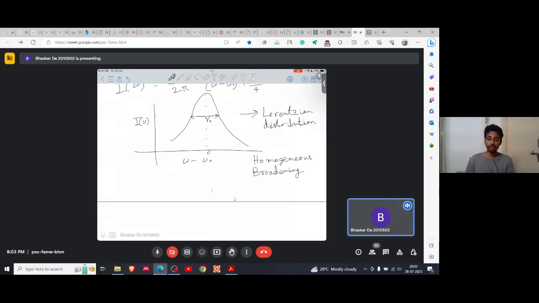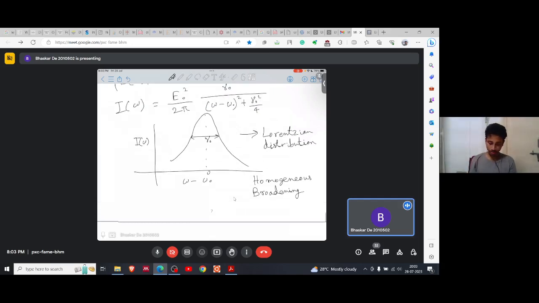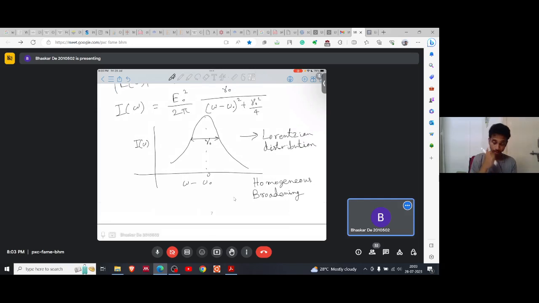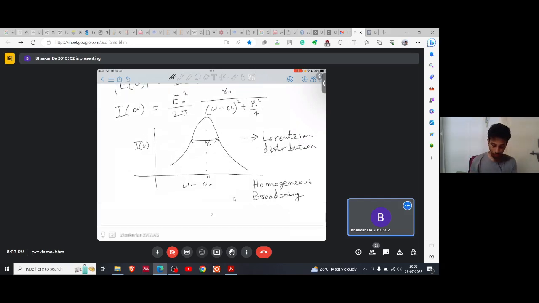This is the intrinsic nature of any kind of transition. Any transition will give rise to an electromagnetic wave, and we will have this kind of homogeneous broadening in the wave.